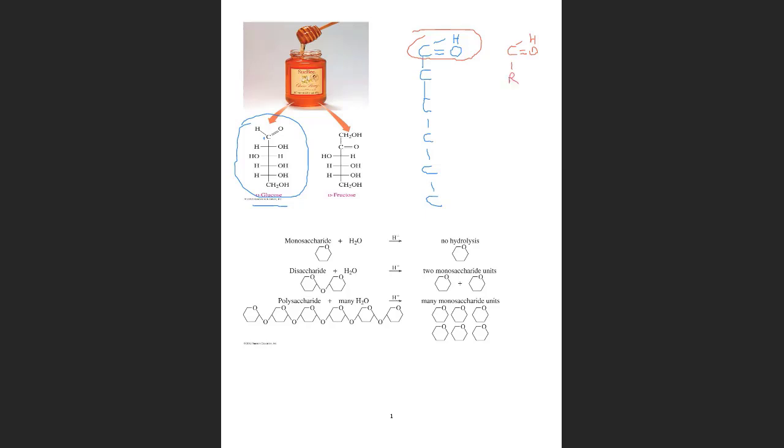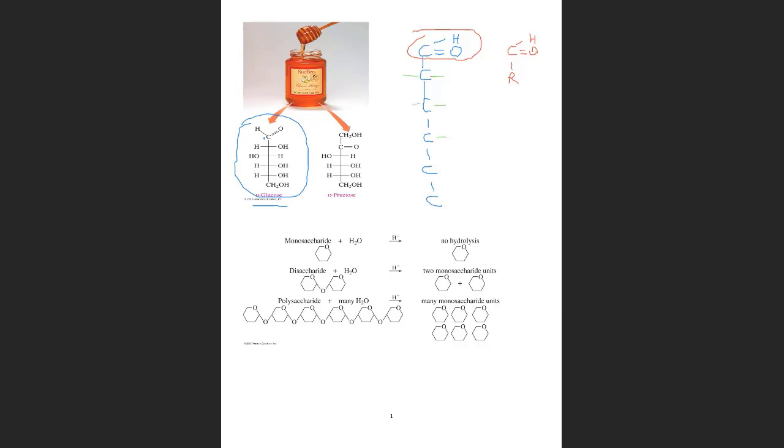In general, we can say R. So it has an aldehyde, and then all of the other carbons, let's do it in another color. Carbon has a valence of 4: 1, 2, 3, 4.